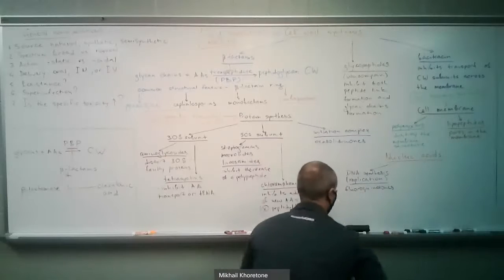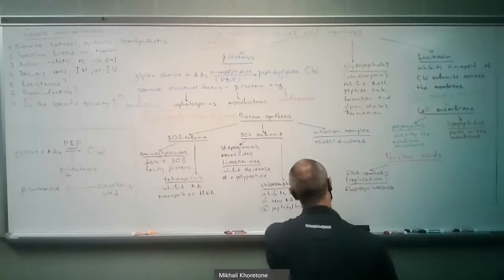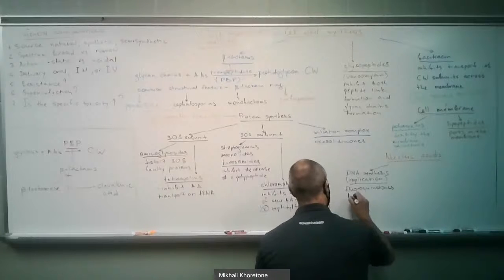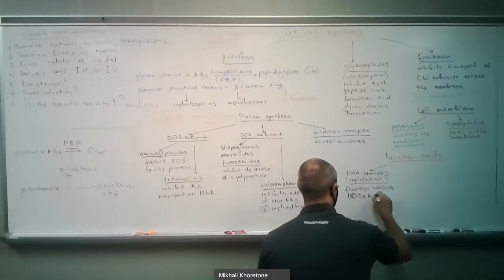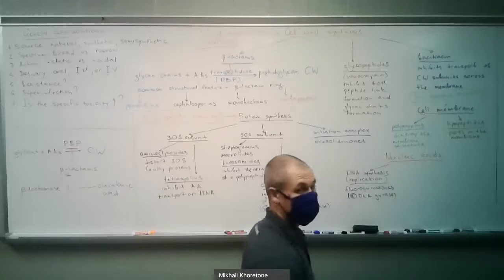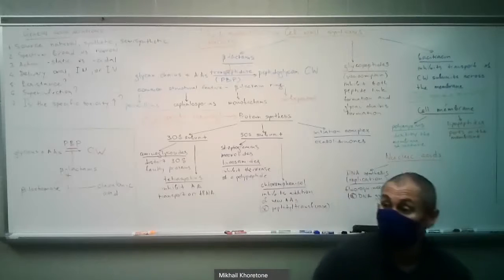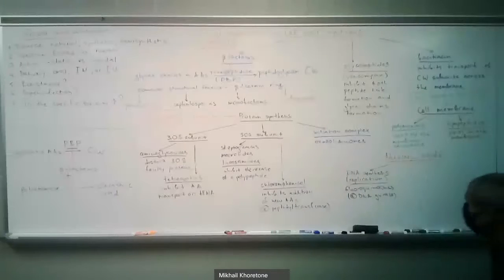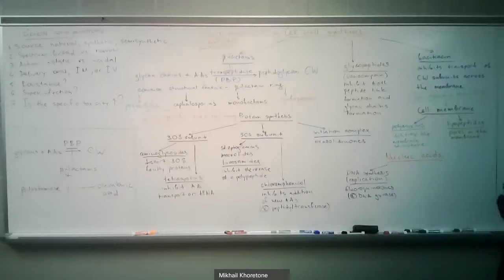Now, fluoroquinolones inhibit the enzyme called DNA gyrase. That should sound familiar. They are super effective, but have a bit of a side effect because DNA replication is quite conserved between bacteria and humans.